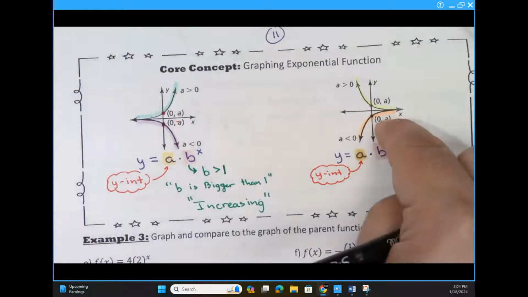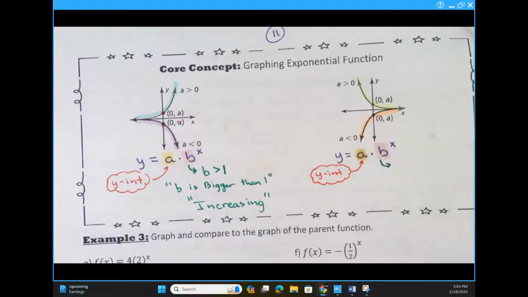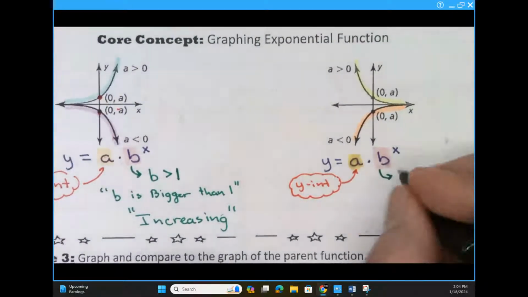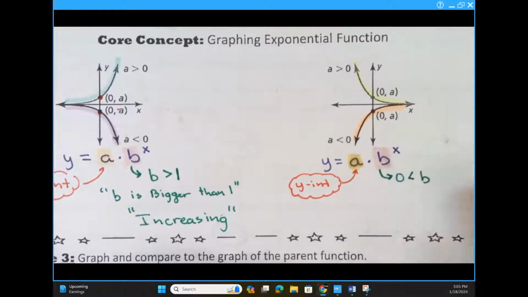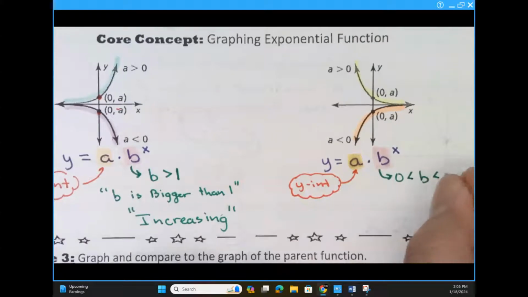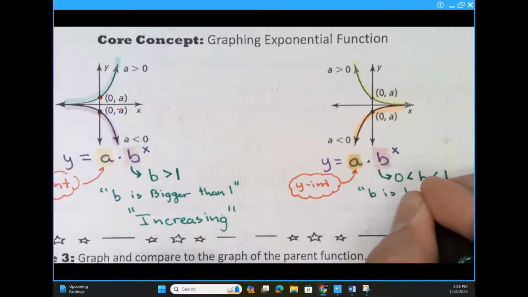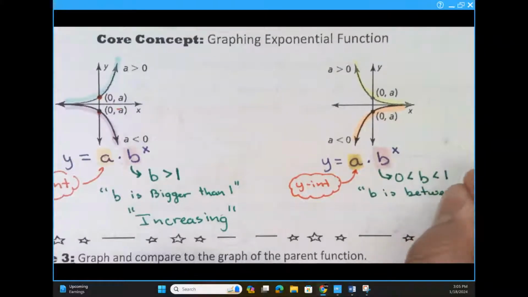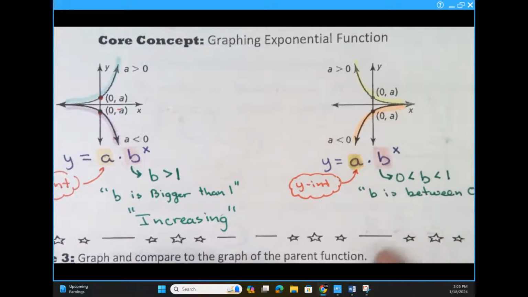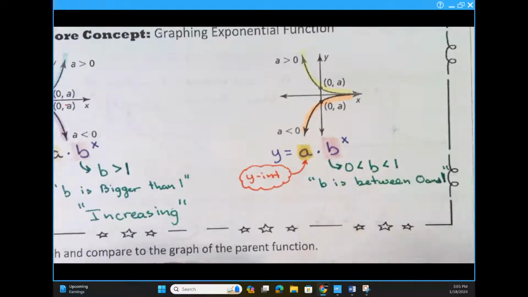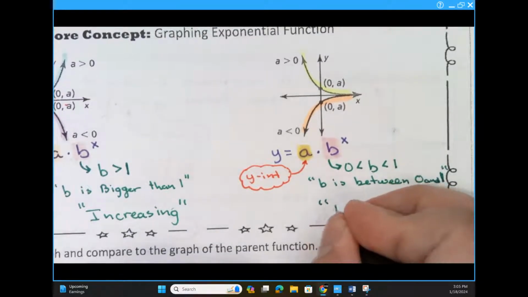Then when I look at this one, here's the difference. The b value, let me see if I can zoom in a little bit more there so you can see it. The b value is actually between, well, remember, you can't be less than 0. You can't be negative. But it's between 0 and 1. So if your b is between 0 and the number 1, which is what this is saying, then it is decreasing.